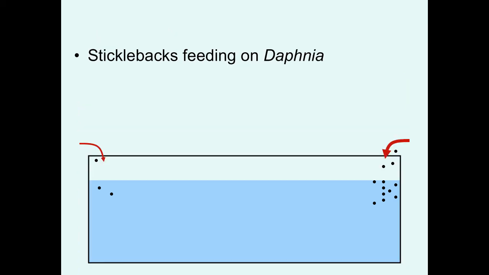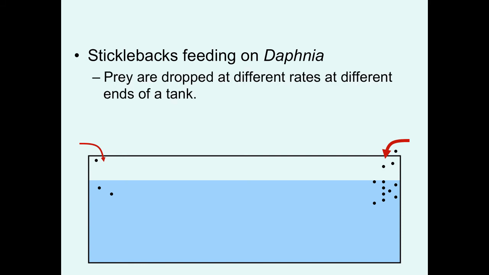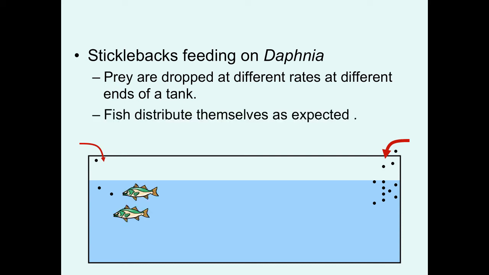Here's a study that demonstrated the ideal free distribution model with sticklebacks feeding on crustacean prey, Daphnia. What they did is they dropped prey at two different rates at opposite ends of a tank. One end of the tank had about double the drop rate of the other.